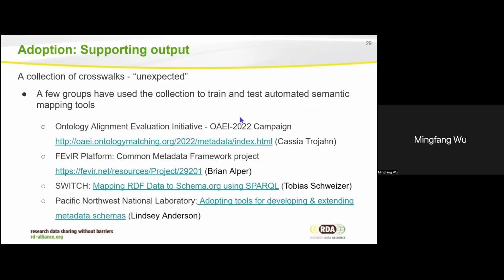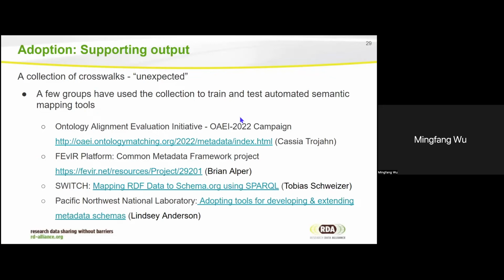So I'll talk a little bit more about adoption. When we did the crosswalk, we hoped it would help data repositories to do the mapping. But after we posted that crosswalk for community review, we had a few unexpected adoption or use cases.